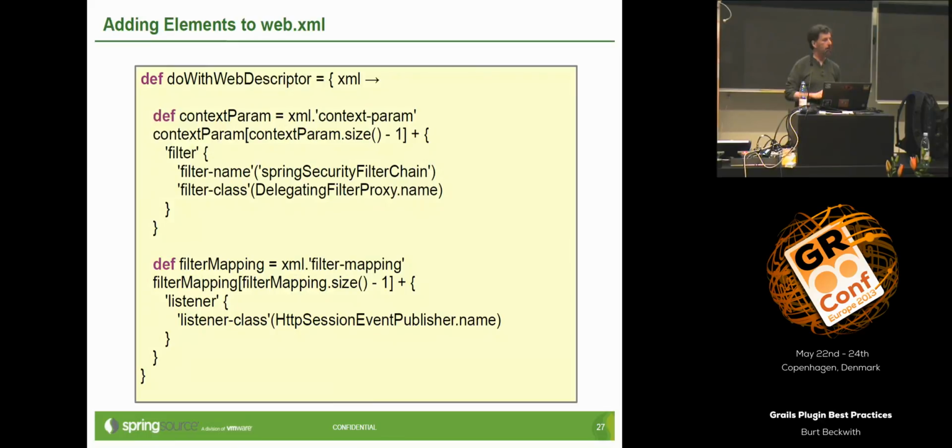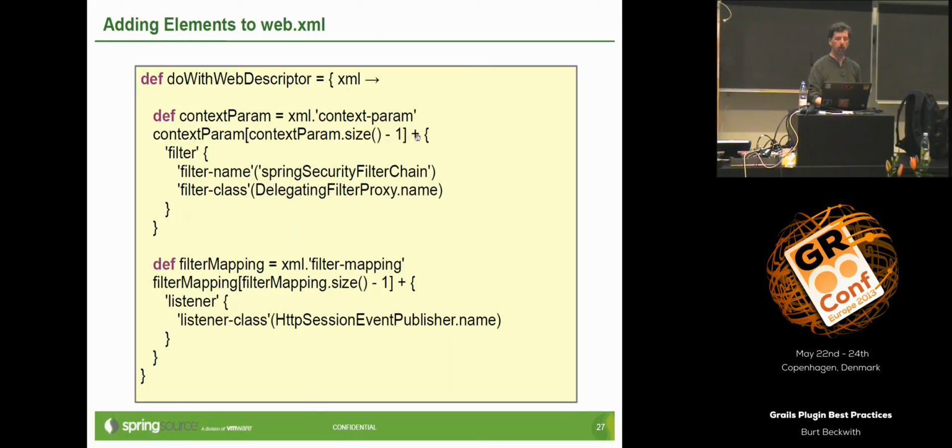So there's that weird syntax for adding elements to the web XML. It's really strange. You use an XPath expression to find where you're going to start putting stuff. This is going to find the first context param element. In this case, I want to go after all the context params, so I'm going to go to the end.